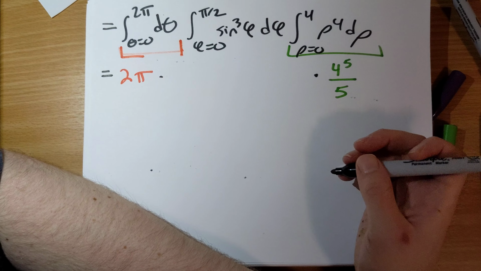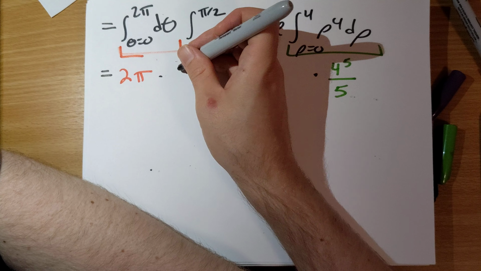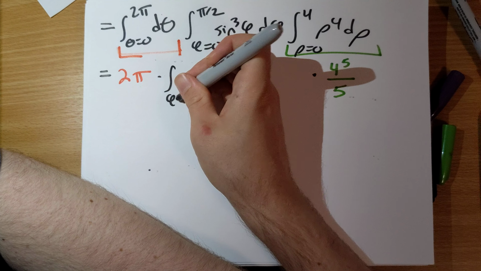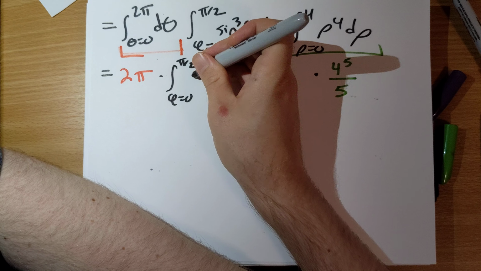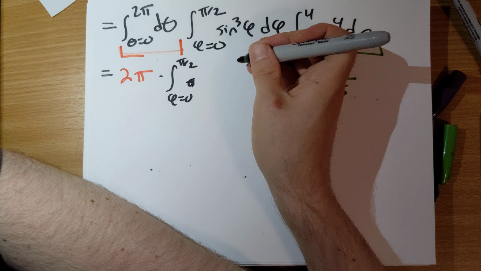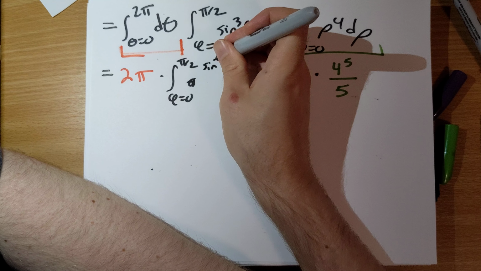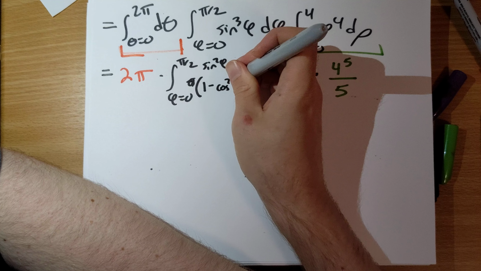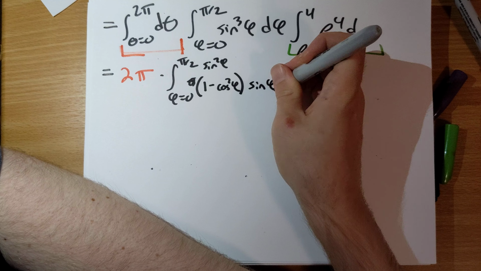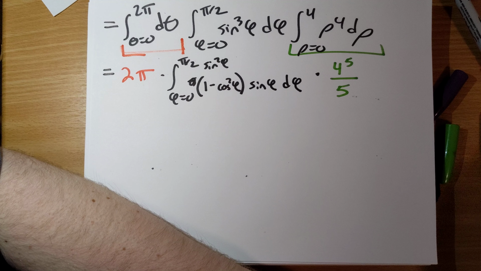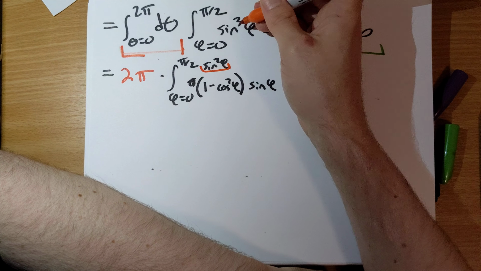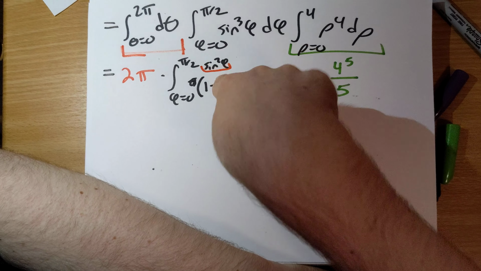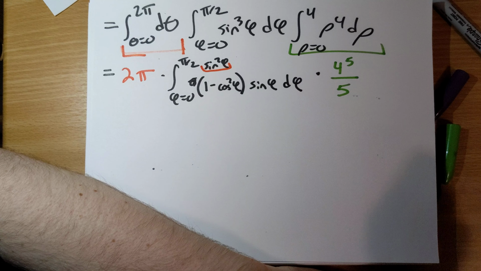We would rewrite sine cubed phi as sine squared phi times sine phi, and then rewrite sine squared phi as 1 minus cosine squared phi, times sine phi d phi.